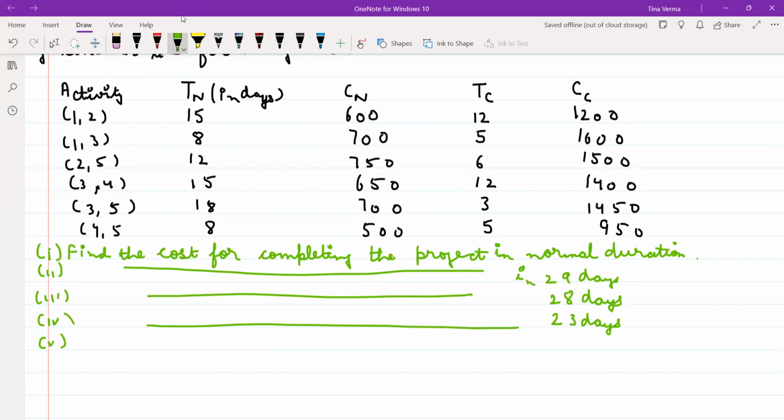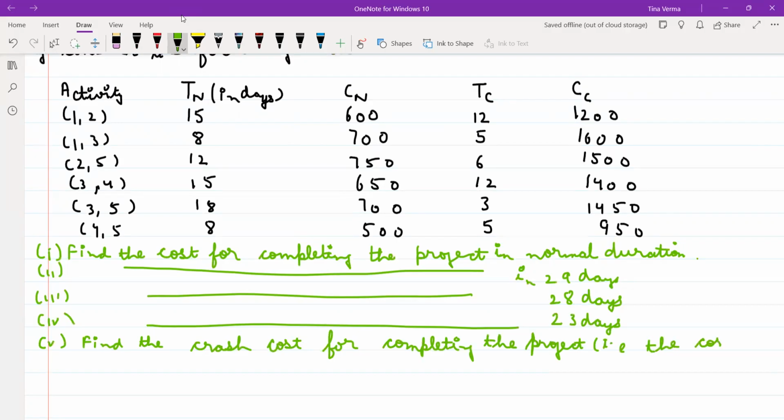The fifth is find the crash cost for completing the project. Crash cost of completing the project means आपको क्या निकालना है? That is the cost to complete the project in minimum time. Question is clear, right? So these are 5 parts.